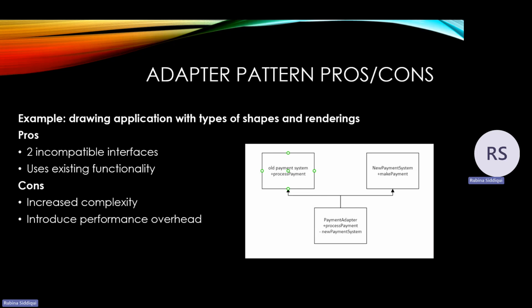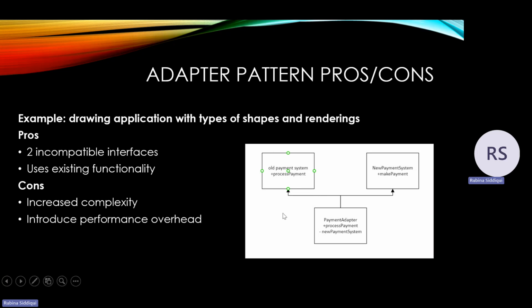And the pros are that 2 incompatible interfaces would work well together, and you can use existing functionality to be able to code it. And then the cons would be it's harder to use and harder to code with, and it does introduce overhead issues with compatibility and things like that.